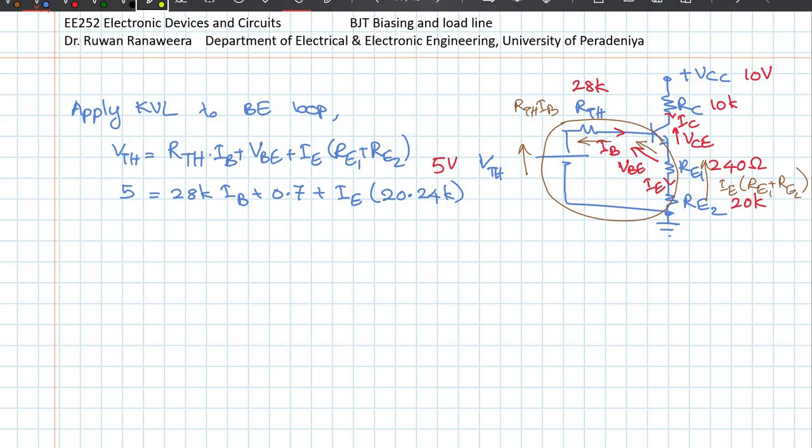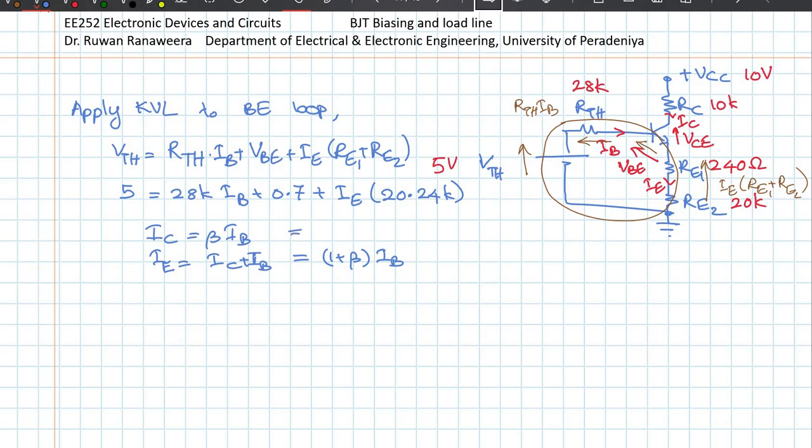I can simplify this if necessary, but before that, let me express IE in terms of IB. You know, IC is equal to beta times IB, and IE is equal to IC plus IB. So therefore, this is equal to 1 plus beta times IB.